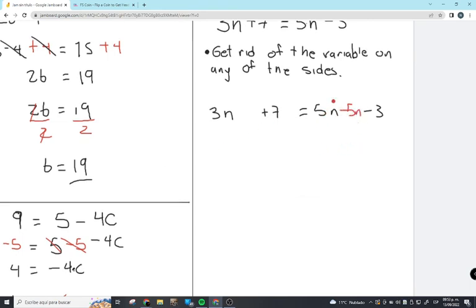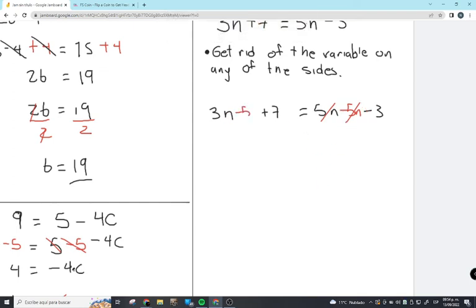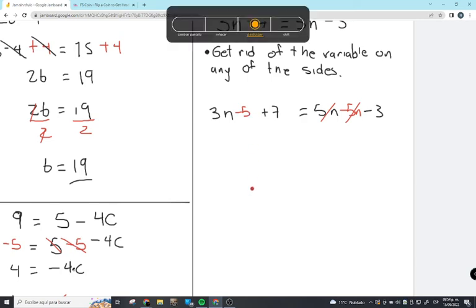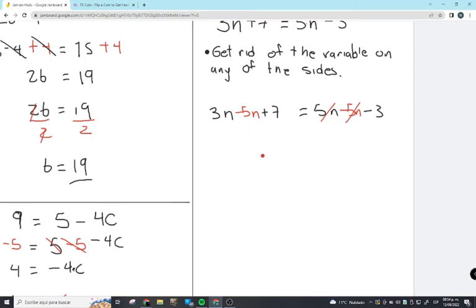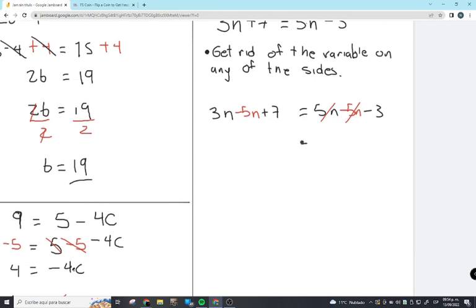Okay, so 5n minus 5n is just 0, nothing, it disappeared. But remember, we subtracted 5n here, we also have to do it on the other side. So what's next? Here we are left with negative 3, because these two disappeared.